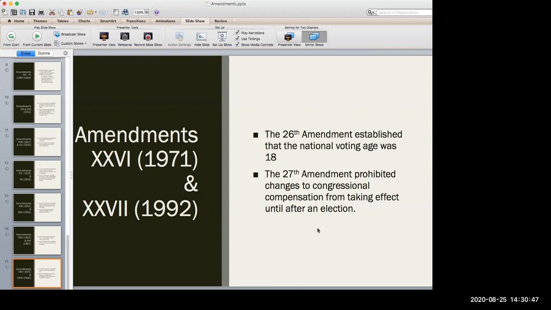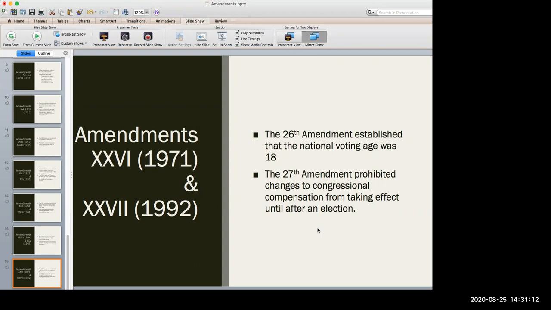Originally, the Bill of Rights had 12 amendments. And one of them was you can't give yourself a pay raise. So the original voting age was 21. It was 21 before the 26th Amendment was passed, and it was lowered to 18.